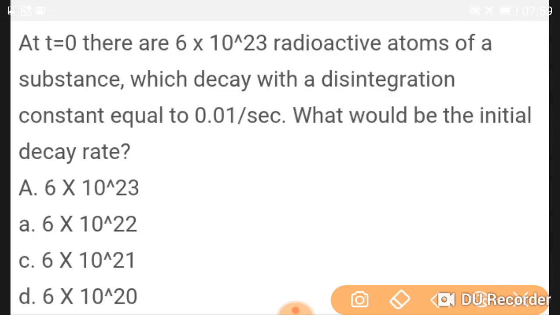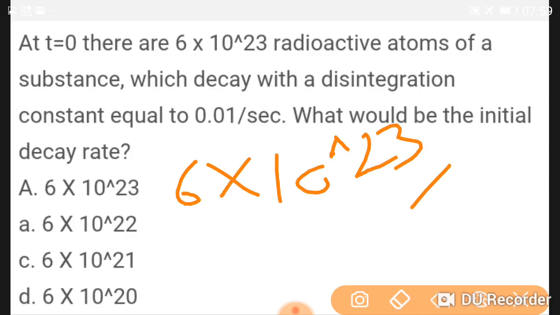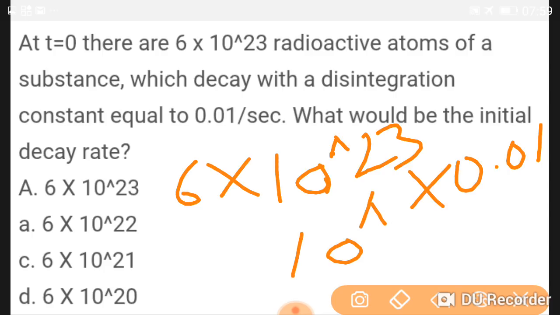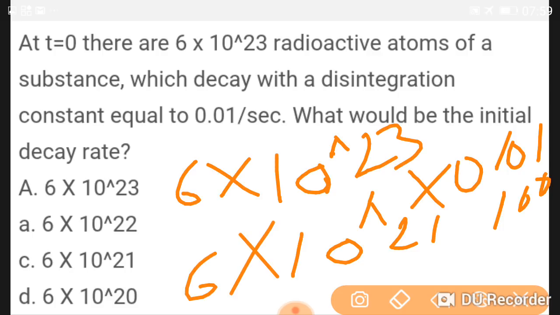I will explain: 6 into 10 power 23, into 0.01, so the answer equals 10 power 21, because if we do this, the two zeros after the decimal remove 2 powers, so 6 into 10 raised to power 21.